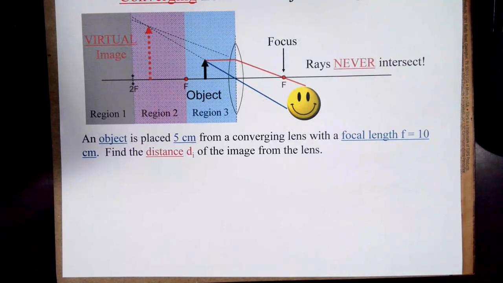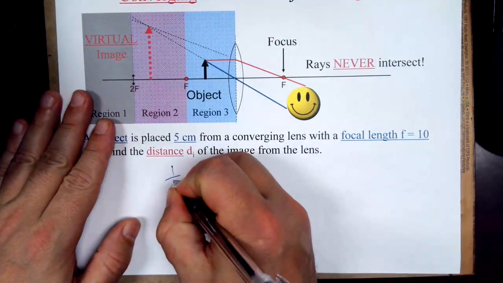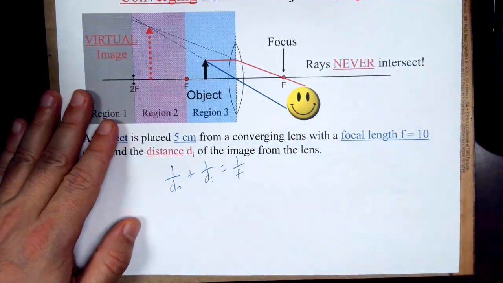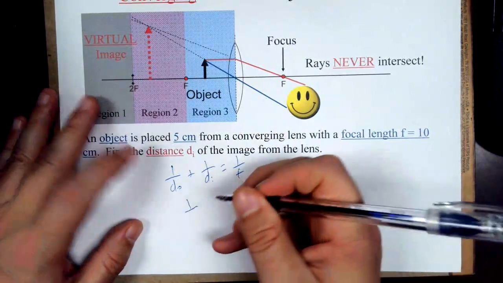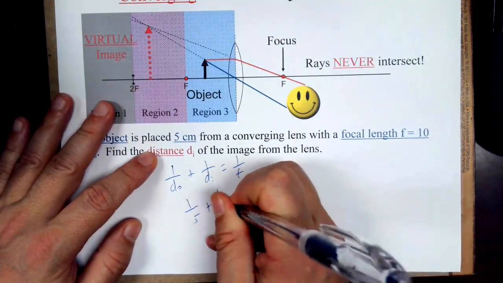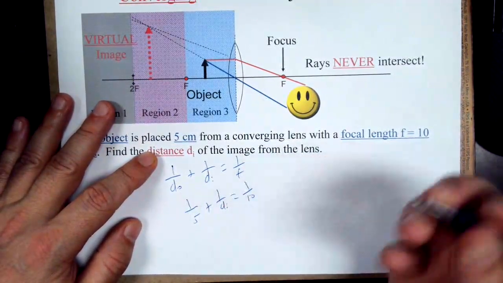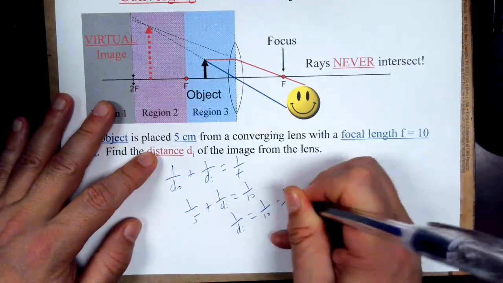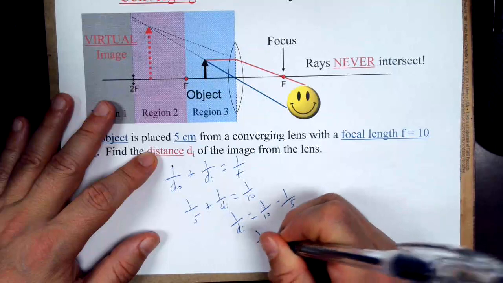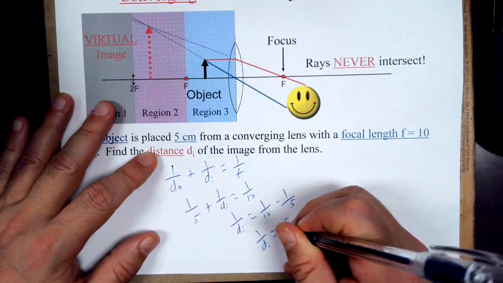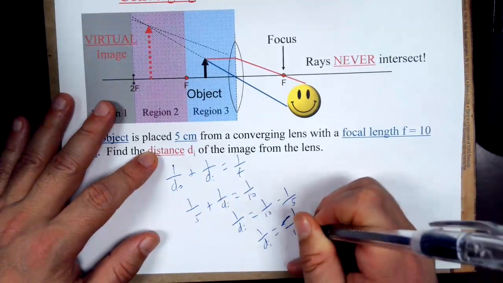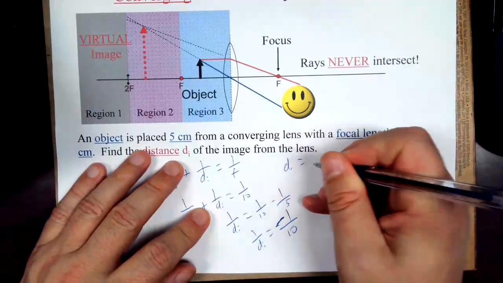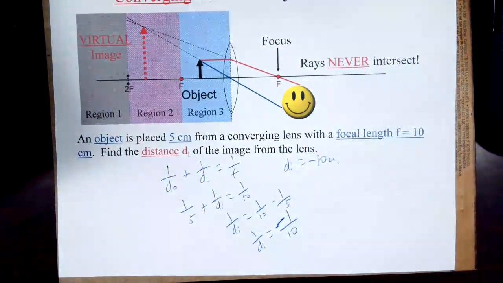So if we do this, 1 over do plus 1 over di is equal to 1 over the focal length. So 1 over 5 plus 1 over di is equal to 1 over 10, or 1 over di is 1 over 10 minus 1 over 5, or 1 over di is equal to negative 1 over 10. So that means di is equal to negative 10 centimeters.